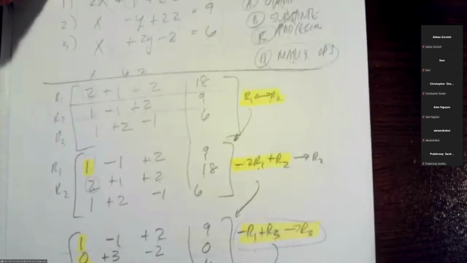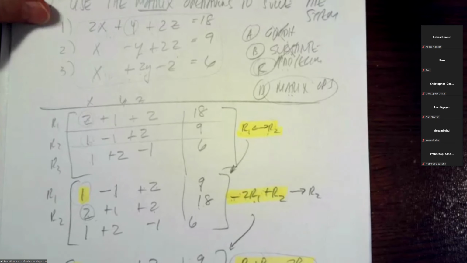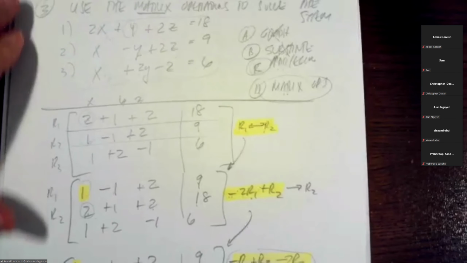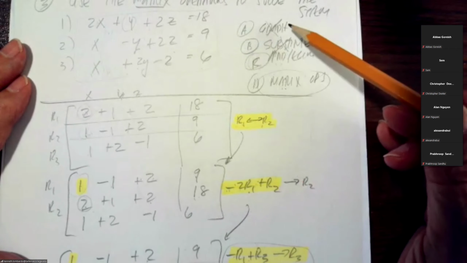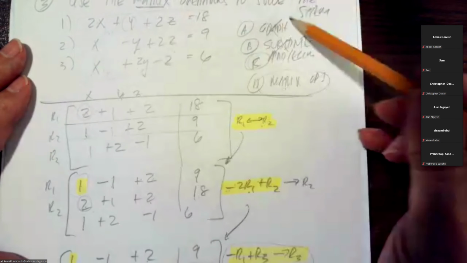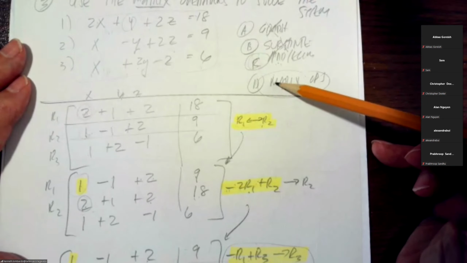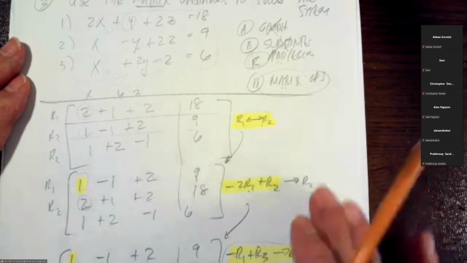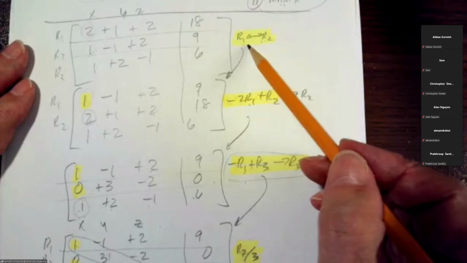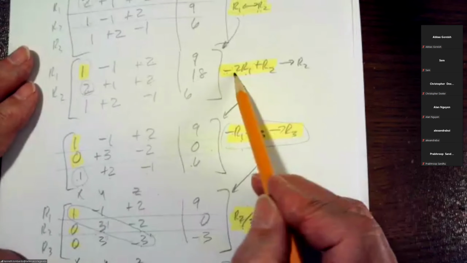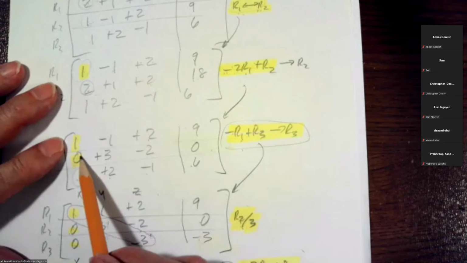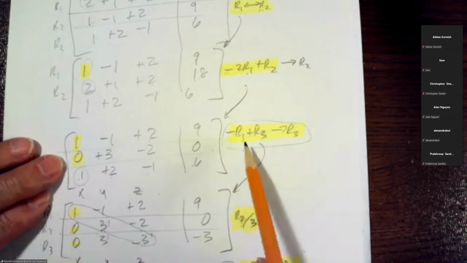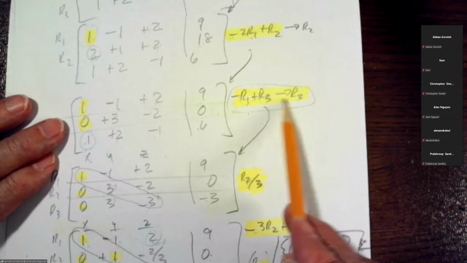So let me put this up here again and make sure we're all clear and agree with what's going on here. Okay, we were given 3 equations. We were asked to solve using matrix operations. We know that there are 4 ways we can use, but we were asked to use matrix. So we swapped row 1 and 2, took a -2 times row 1, added to row 2. Okay, so now we've got 1 and 0, negative row 1 plus row 3.